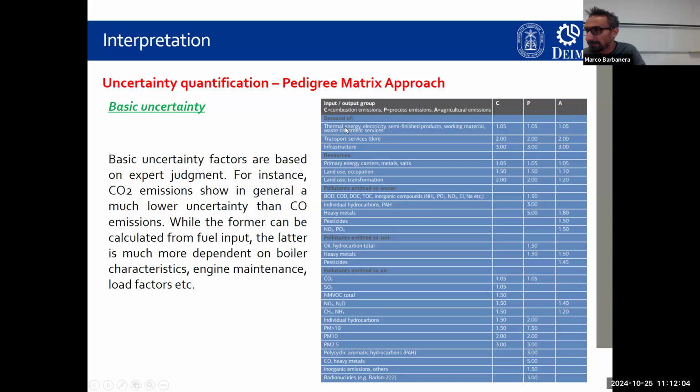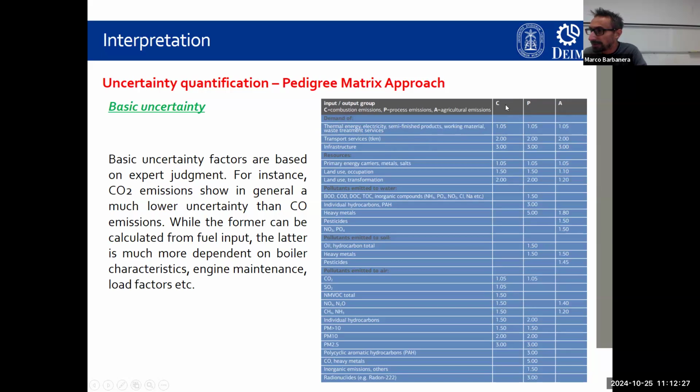In the first line, you have all data referring to thermal energy, electricity, semi-finished products, working material, waste treatment services. So in this example, you have to refer to this first line.